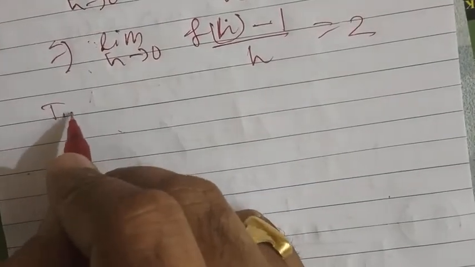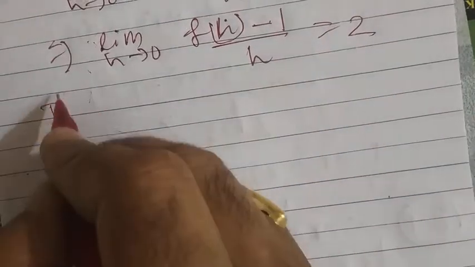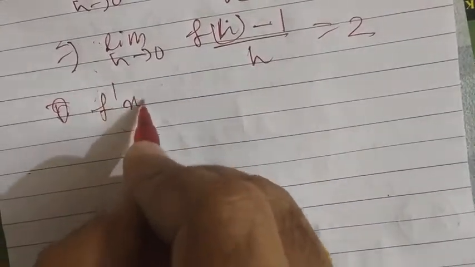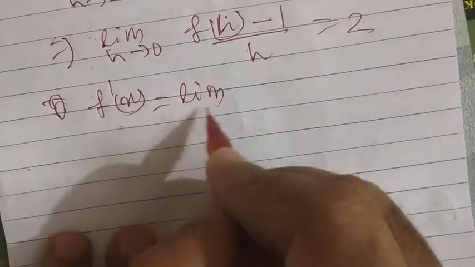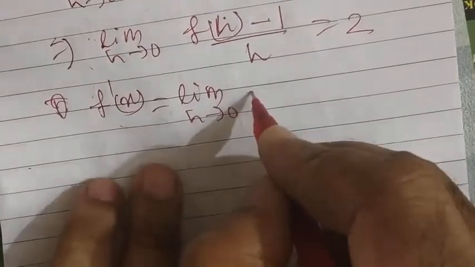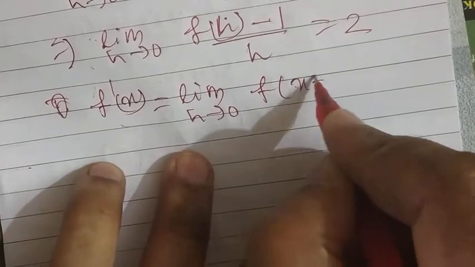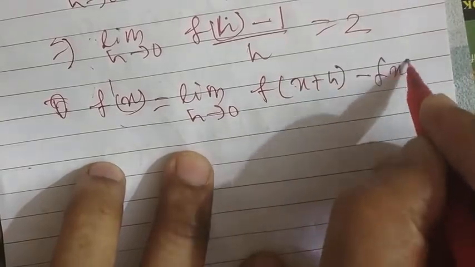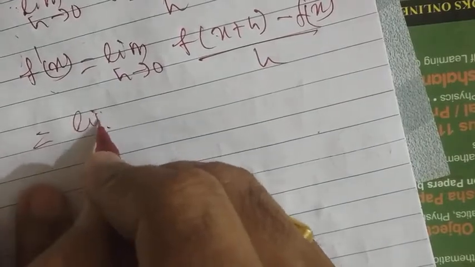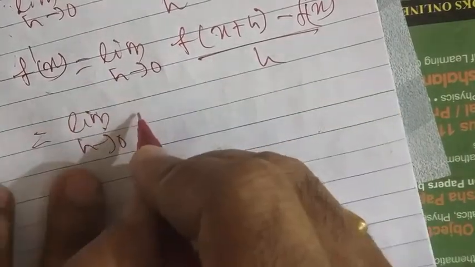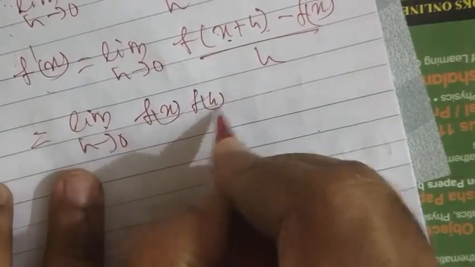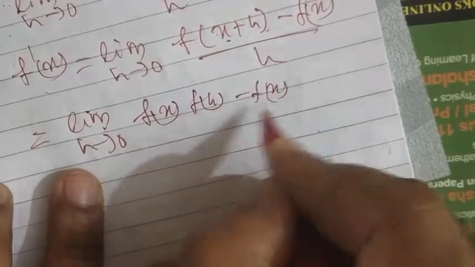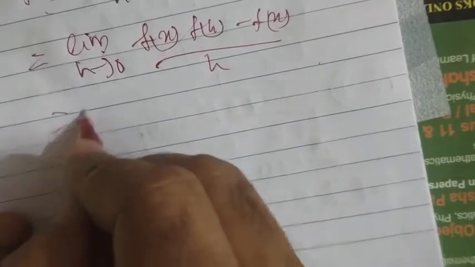Now, what I want to find is f dash x. What is my f dash x? It is limit h tends to 0, f of x plus h minus fx by h. What is my property? F of x plus h is fx into fh, minus fx by h. Mark what it is.